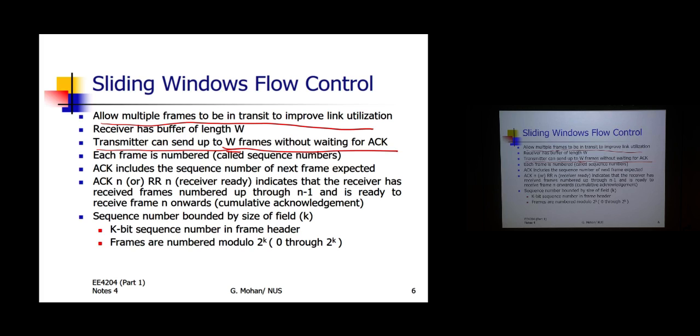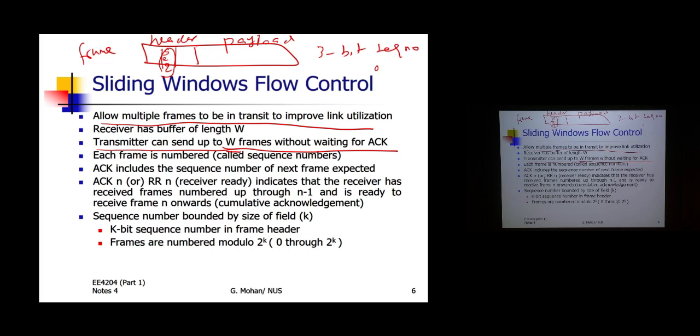So, if you look at the frame format, let's say this is a frame, this is the header, this is the payload, this is the header, this is the payload. This header has a field called sequence number. Let's say the sequence number is a 3-bit sequence number.